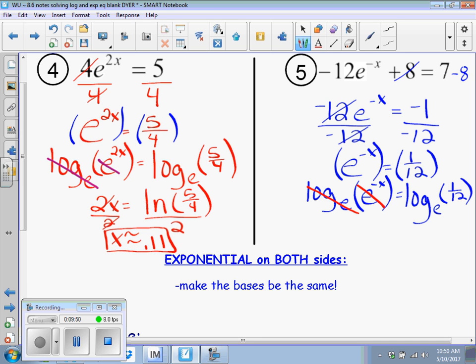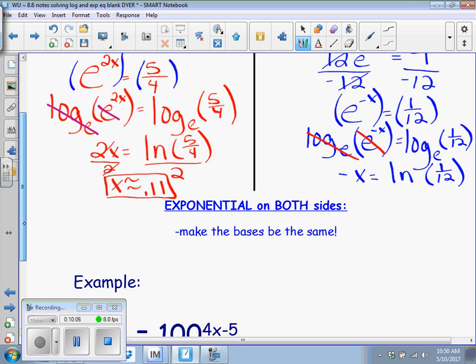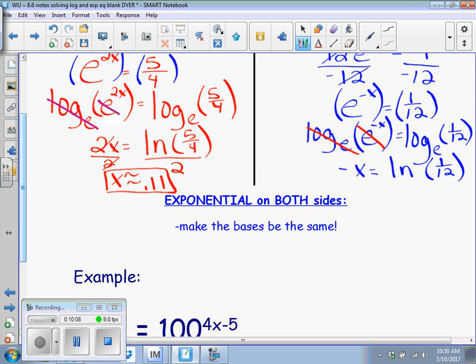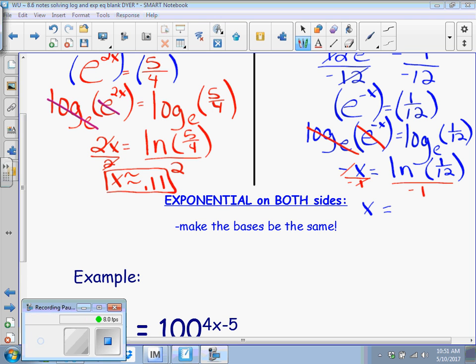Log base e of e cancels, leaving me with just negative x equals ln of 1/12. But I don't want negative x equals, I want x equals. So at that point, I'm going to divide both sides by -1, so that I have positive x equals ln of 1/12 divided by -1, 2.48.